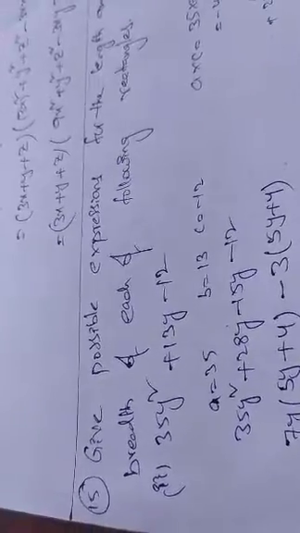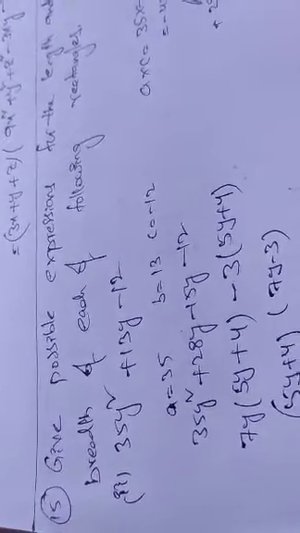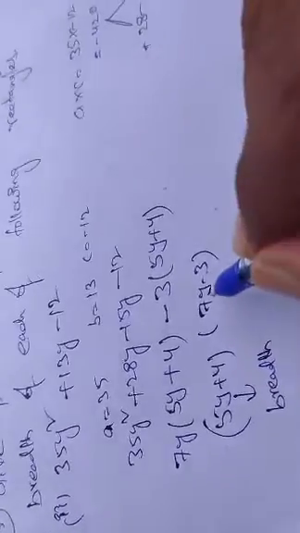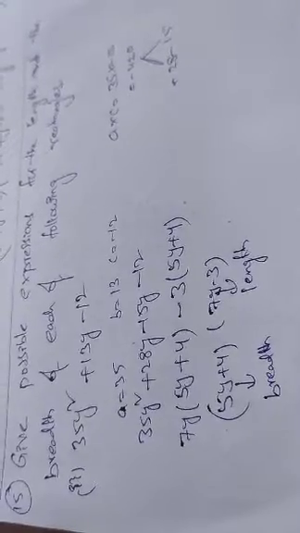So overall we can take 5y plus 4 as common. Left term is 7y minus 3. Therefore this will be breadth and this will be the length. So he's asking what is length, what is breadth. So we can write this. Just splitting the middle term we have done.